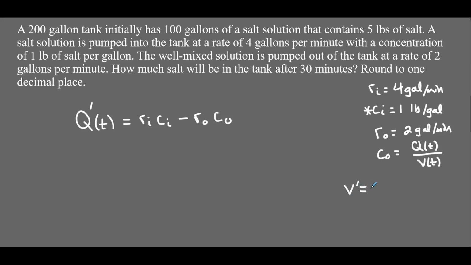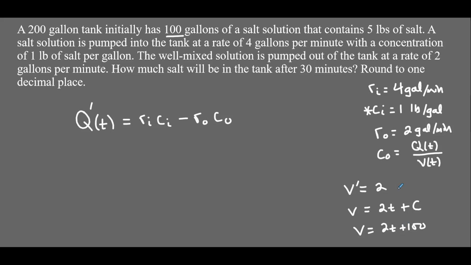The rate of change of the volume is 2 gallons per minute. Take the antiderivative of both sides, you get 2t plus c. C is the initial value of the volume. So the volume at time 0, if I plug in 0 for t, is 100, right? So you get the volume is 2t plus 100. Now you could have figured this out just using regular algebra, but we're in differential equations, so you could have made it a differential equations problem.